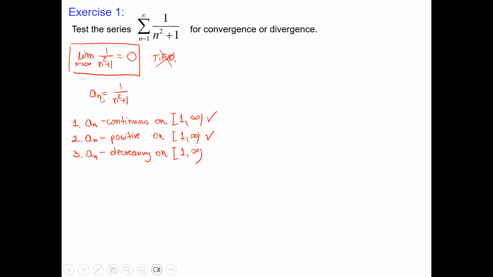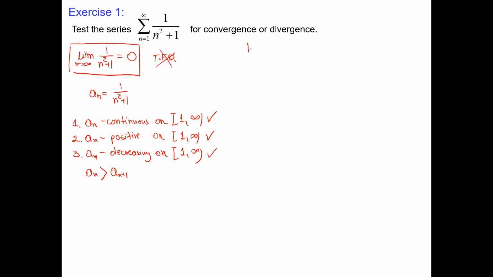When we create the next term, a sub n plus 1, we increase the denominator, and increasing the denominator decreases the entire term. That means this will be smaller and smaller, so yes, this is decreasing. If we are not sure, we may use the derivative to find intervals where the function is decreasing. So we are satisfying all of the conditions.